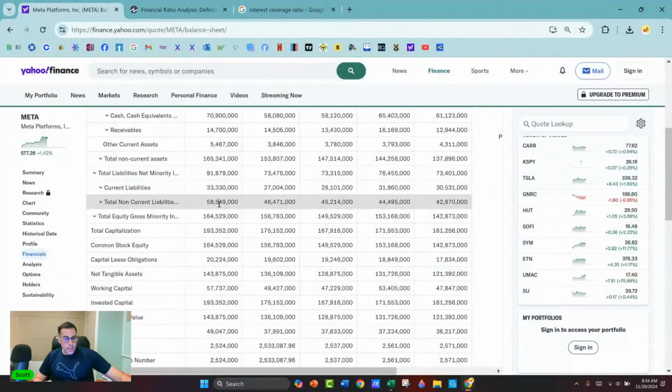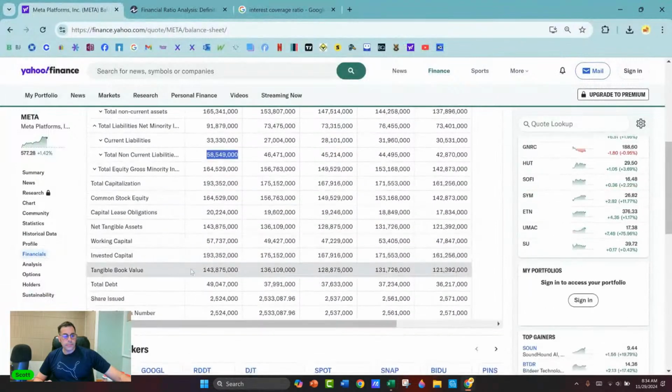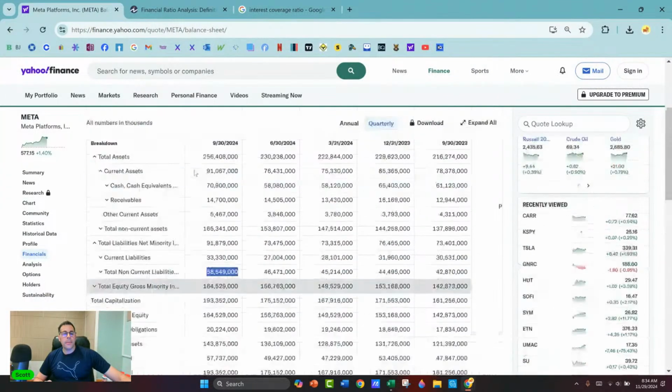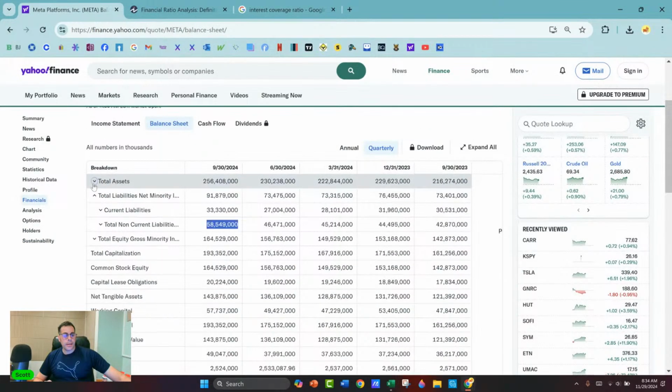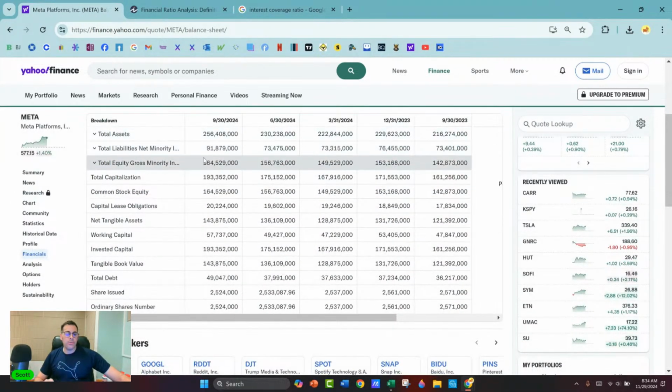You don't need all the detail, although I think it is helpful, but I'm just trying to limit the amount of inputs. On the bottom, this is the balance sheet. Assets minus liabilities equals equity, or equity plus liabilities equals assets. So that's your basic balance sheet formula.